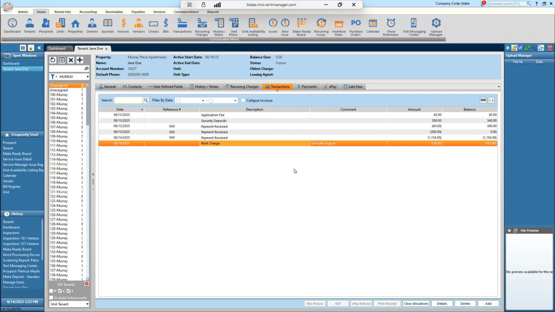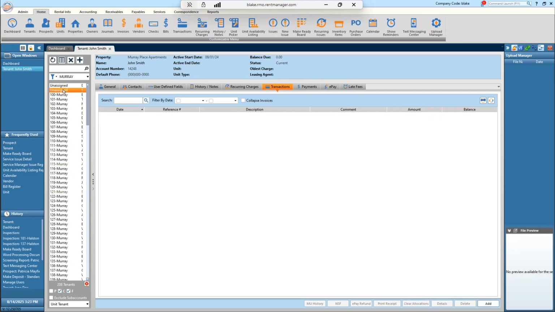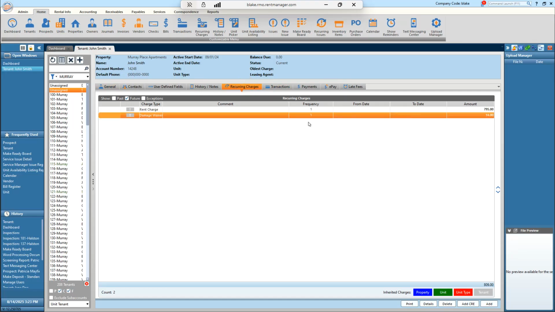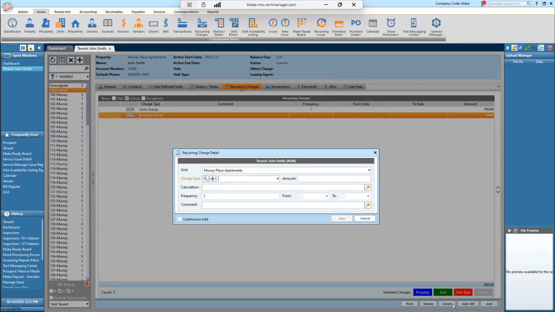Whenever we look at recurring charges and lease renewals, we're going to flip over here to John Smith. For John, his lease is ending August 31st of 2025. So whenever we're doing his lease renewals, we would come down here and we would go add. We would do a rent charge, and the market rate for a 1-bedroom is going to be $8.95.